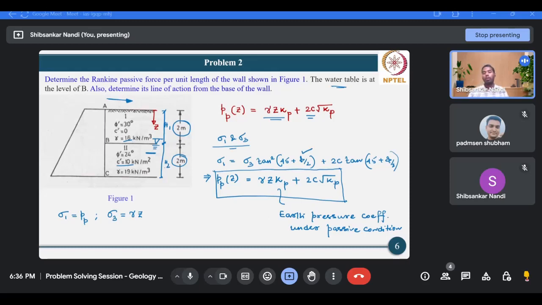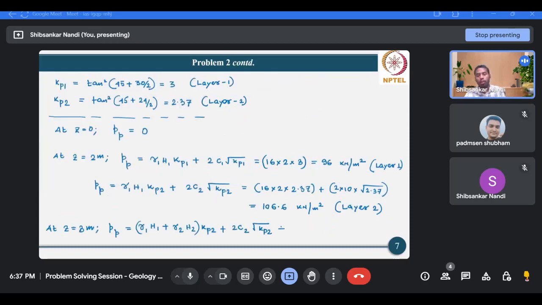And one more thing that you have to keep in mind, when you are calculating the overburden for the bottom layer, you cannot use the total unit weight. Why? Because this layer is beneath the water table. So you have to take the submerged unit weight only, that means gamma 2 prime.